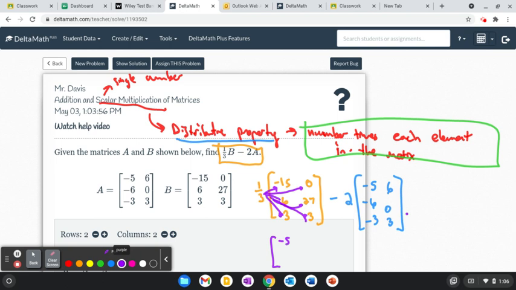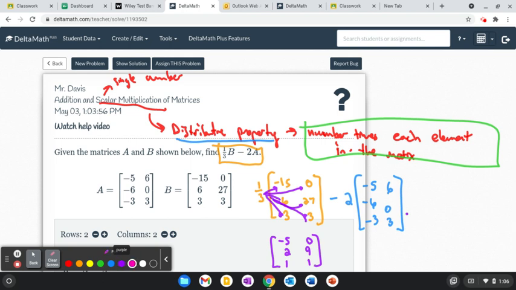So that's -5. 1/3 times 0 is 0. 1/3 times 6 is 2. 1/3 times 3 is 1. 1/3 times 27 is 9. 1/3 times 3 is 1. So we just multiply all of those by 1/3. That's why it's called scalar multiplication, because a scalar is a single number, so we're multiplying it by that matrix. If it was a matrix times a matrix, it's a much more difficult process. So stick with this here.